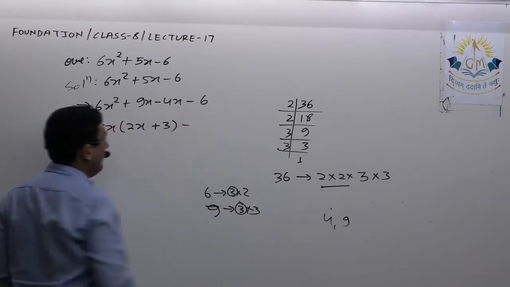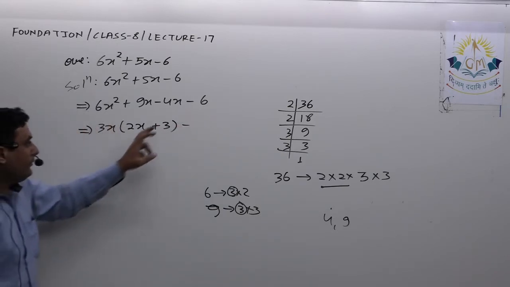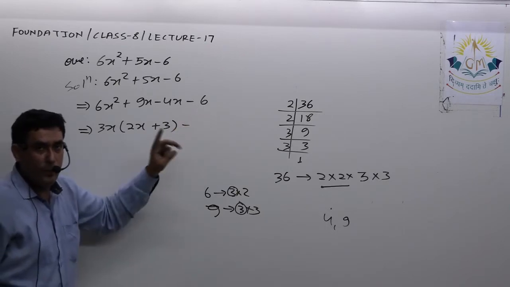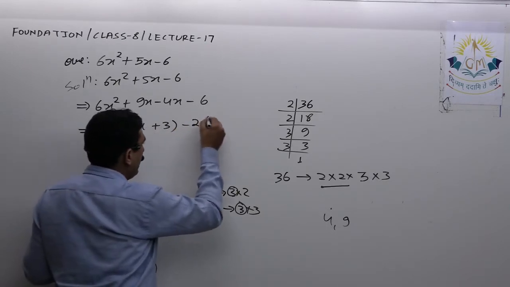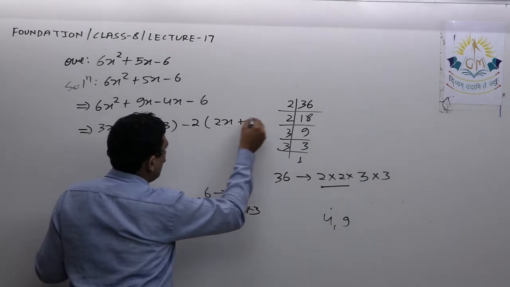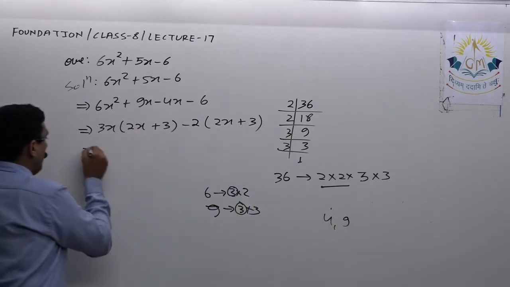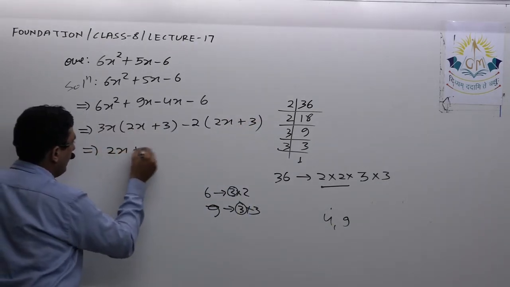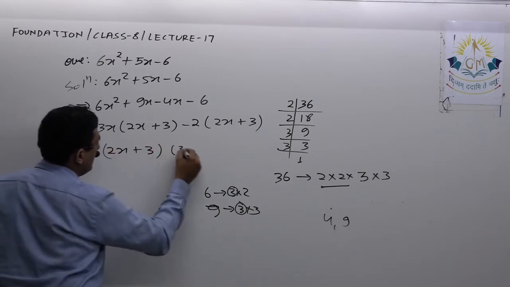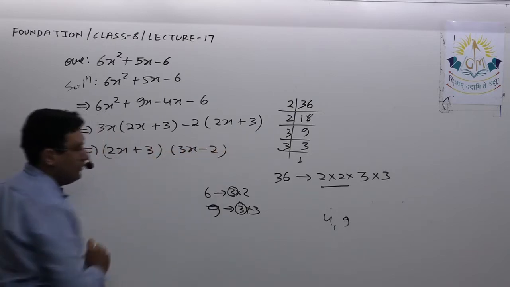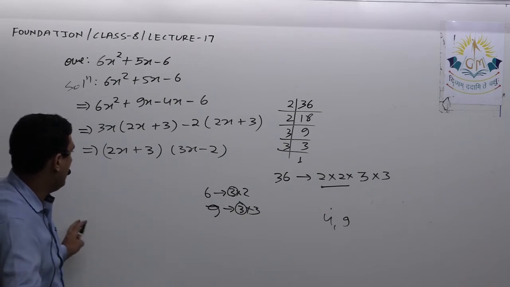Now here I will take the minus sign. Now again 4 and 6, yes, they have common 2. So if I take 2 common, I will get 2x plus 3. Okay, so now my final answer is 2x plus 3 into 3x minus 2. Okay, so these are the final factors.